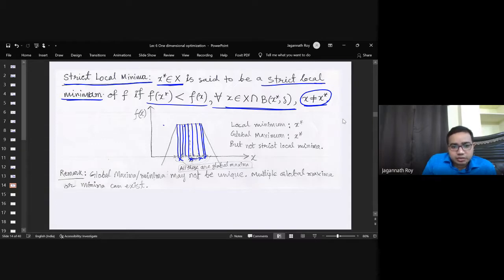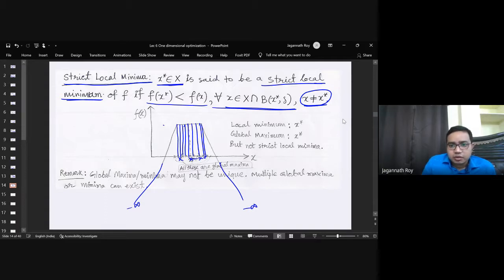This function goes to negative infinity as we increase the value of x, and in this direction it also goes to negative infinity.